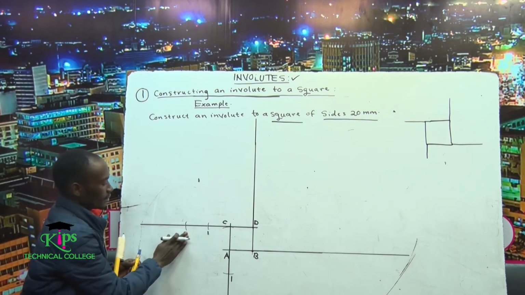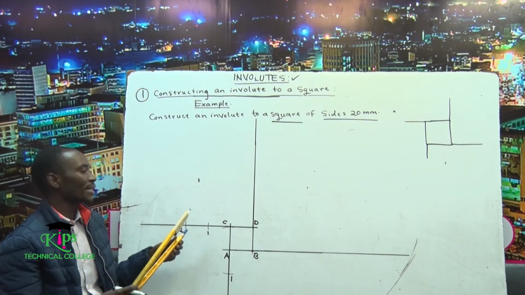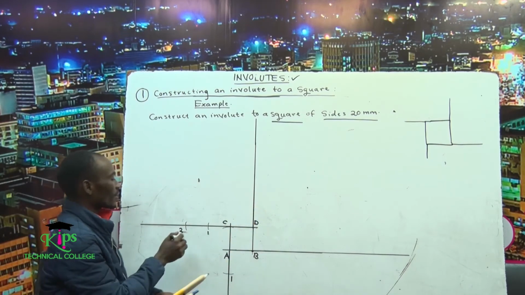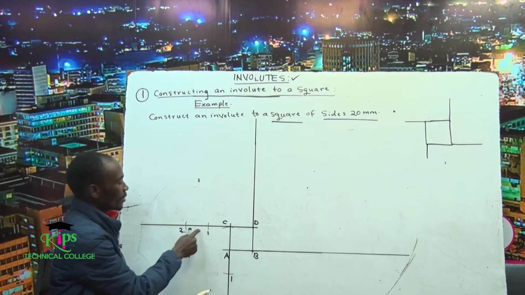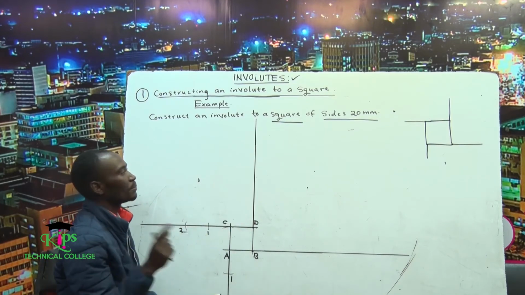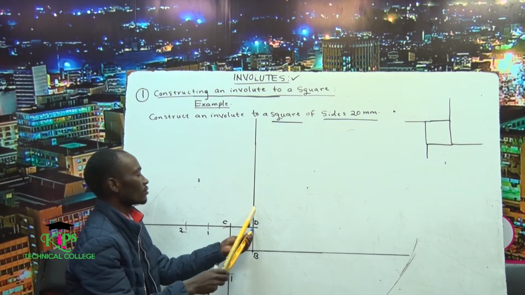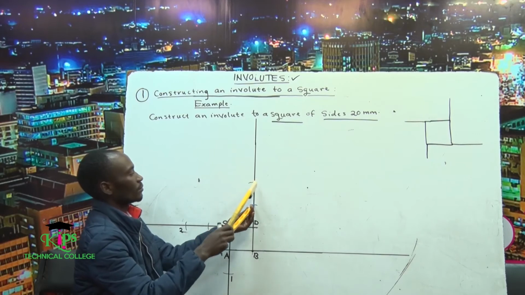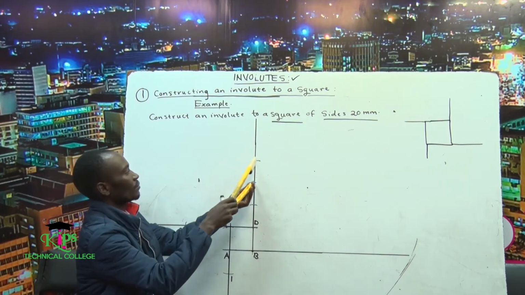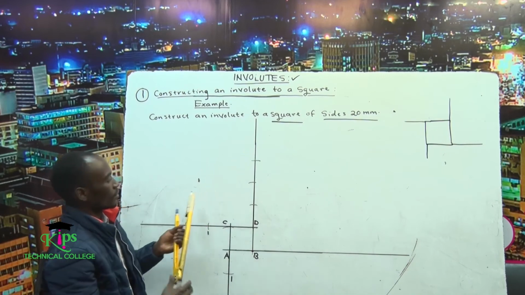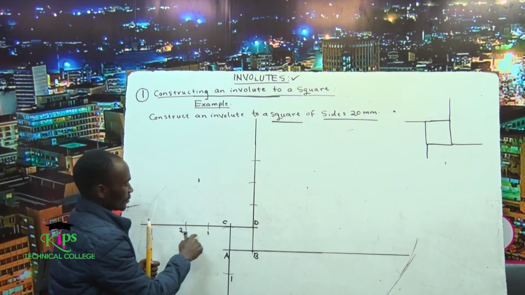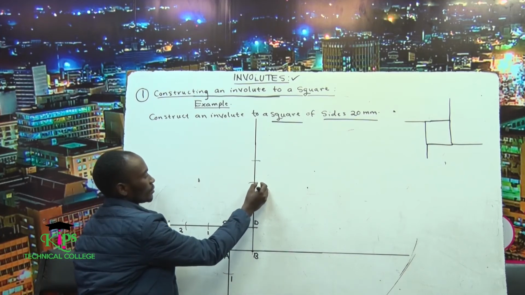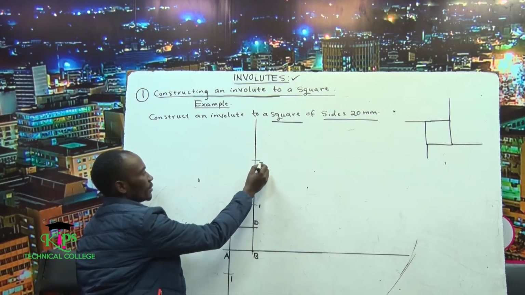Then again, using the same measurements, I will step at point D. Then now you can see I've put how many marks? We have 1, 2. So at point D, I will put 3 marks. So we have 1, 2, 3.